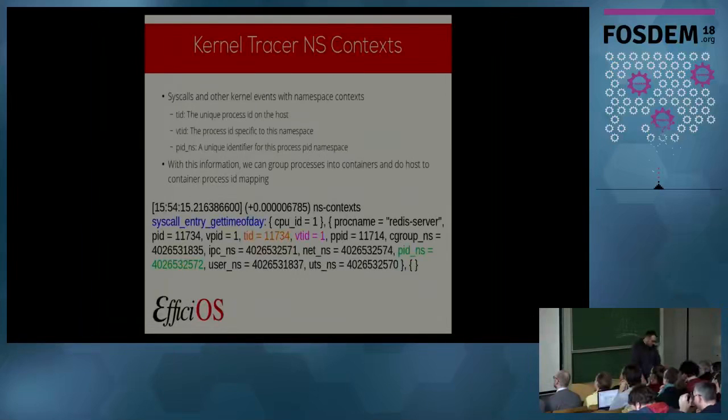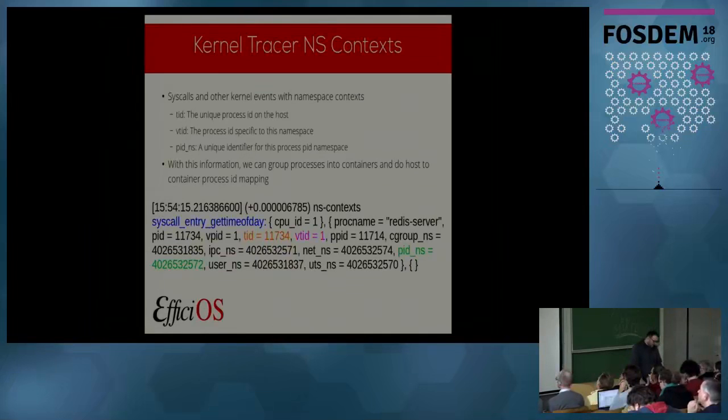Then we can see other useful fields, which are the TID and VTID. The TID is the unique ID of a process inside the kernel, the thread ID in the root namespace of the kernel.